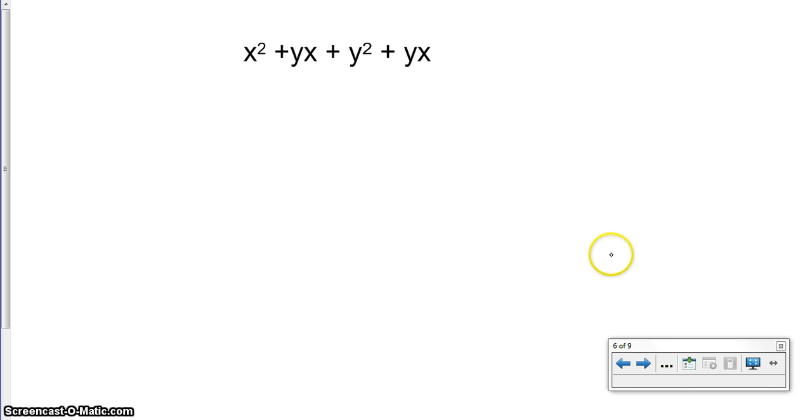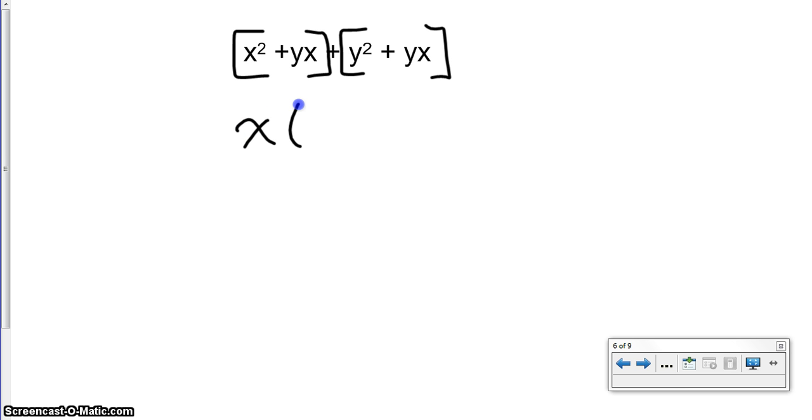Let's try that again. All right. I'm going to group these because I see they have something in common. I have an x in common here. That would leave me with x plus y. I have a y in common here. That would leave me with y plus x.